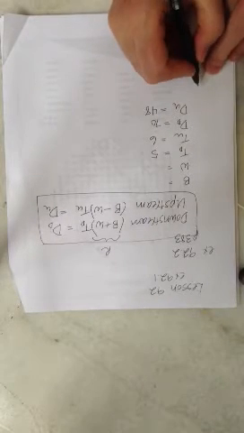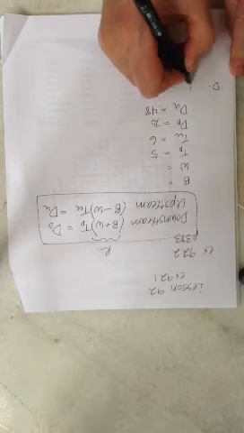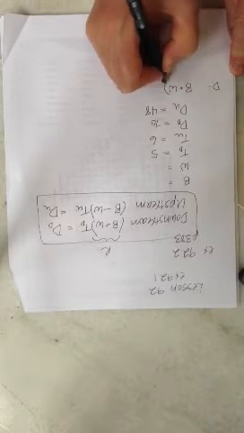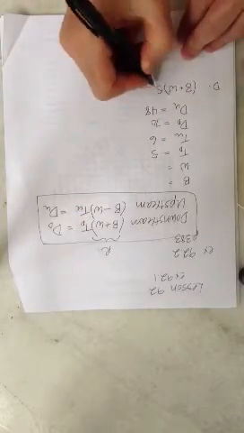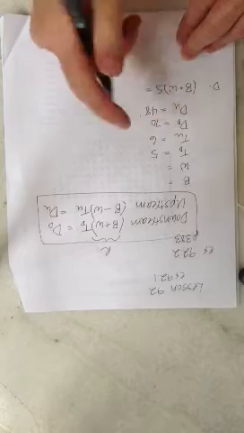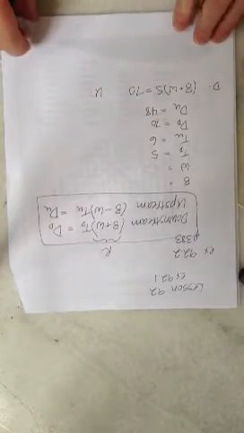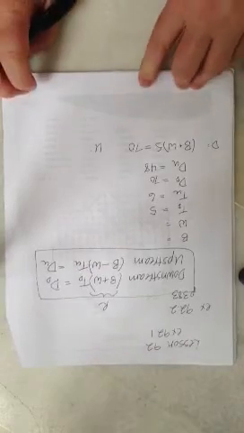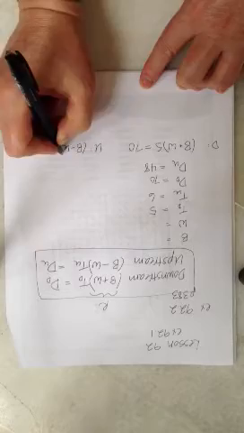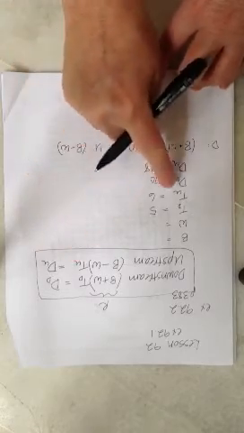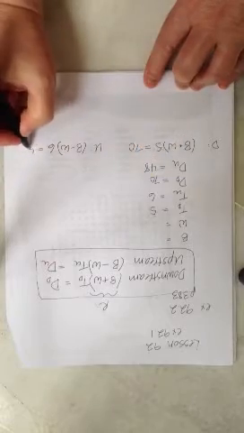I'm already running out of room. I'll do downstream over here. Boat plus water, those are the 2 we don't know, times the time downstream, 5, equals 70. And then our upstream equation, I'm going to slide this up a little bit so you can see. Our upstream equation is boat minus water, our 2 unknowns, times the time upstream, 6, equals 48.